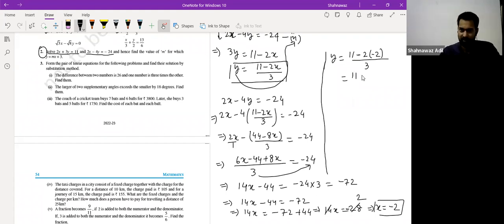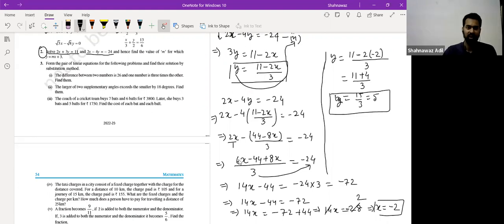It is 11 plus 4, minus, minus plus, so plus 4, by 3. So 15 by 3, then 5. So y is 5. Now the first part is done.